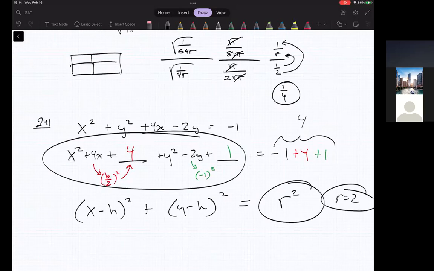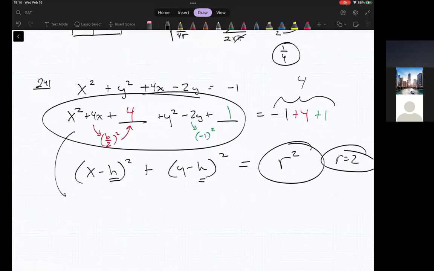Hypothetically, let's say they did ask for the center of the circle, which is h and k. Then I have to take half of that b value, which is (x + 2) squared. It's always the half value that goes right there.